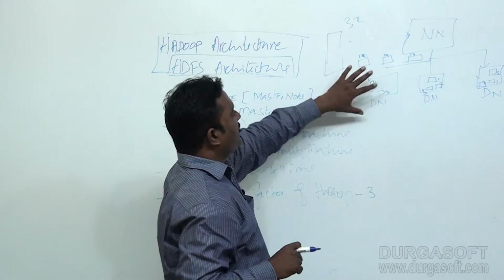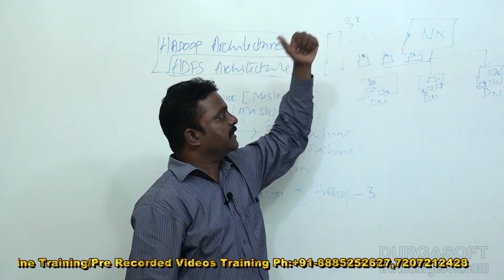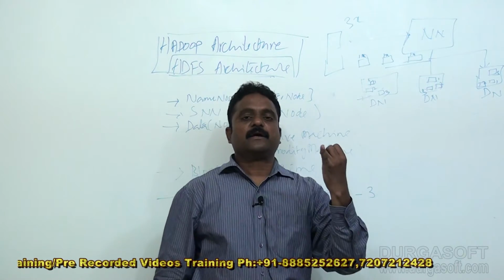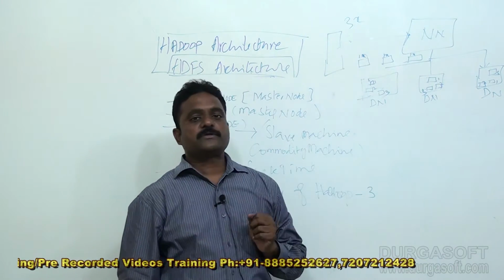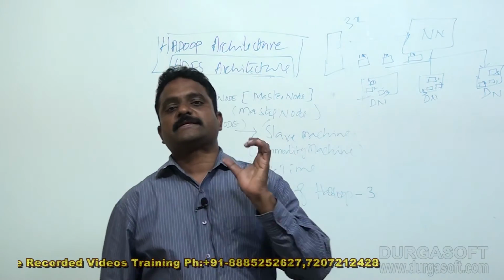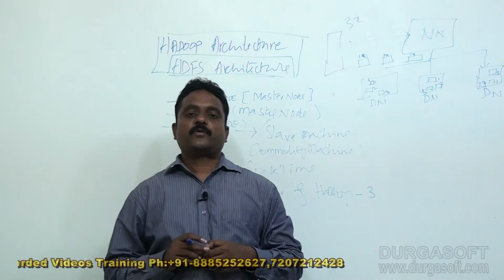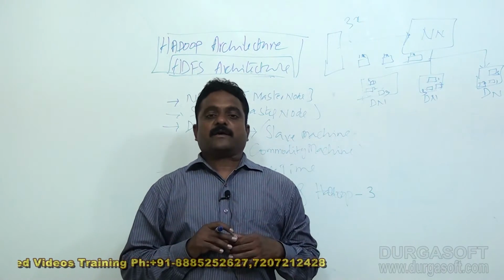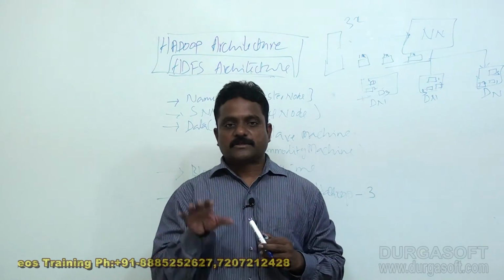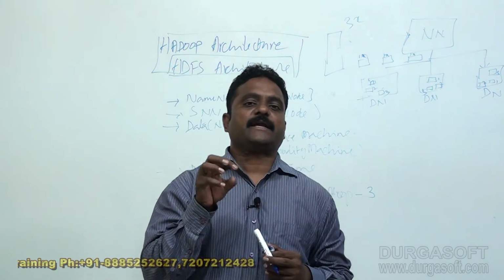One is whether the node is close to the client, or the distance, then the availability of the nodes, the RAM capacity, the network speed, and whether you are placing the same information again on the same node. So these are the 6 things considered when it comes to writing the data.